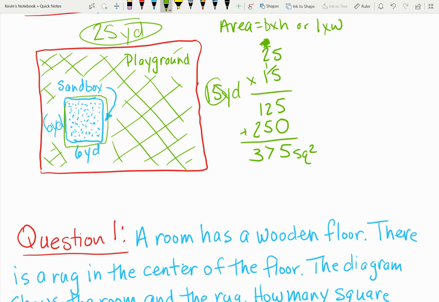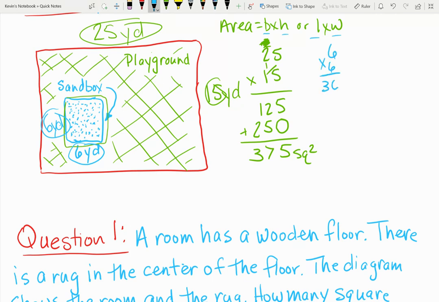So the second step is you guys are going to find the surface area for the sandbox, okay? So the sandbox, we know, is a square, all sides are equal. So if my base is 6 yards, then my height or width is 6. So when I do my sandbox, I'm going to multiply my length times width, or base times height. I'm going to multiply 6 times 6.